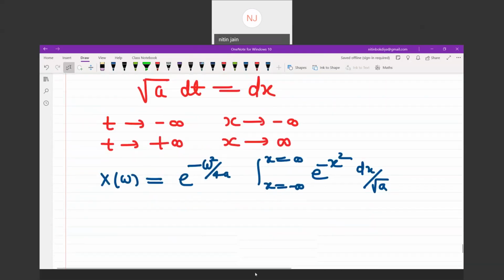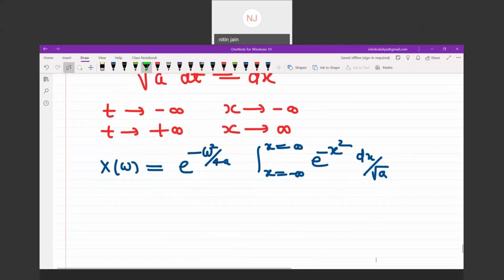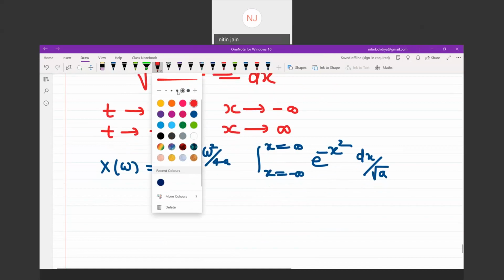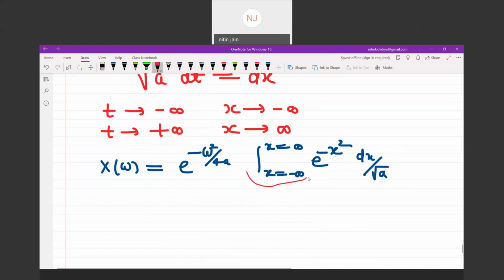And we know that this integral, which integral? This integral will become under root of pi.